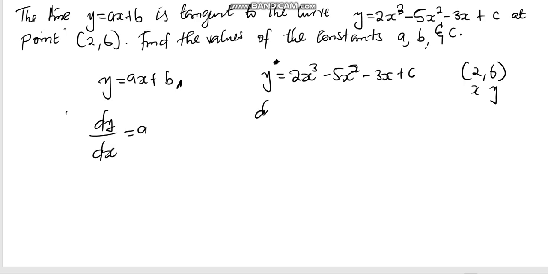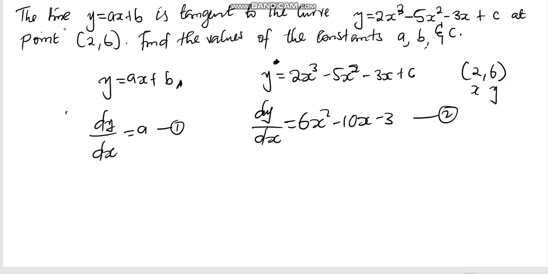Then on this side, we differentiate the given function. So dy/dx will be equal to power times coefficient, power minus 1, so that's 6x squared minus 10x minus 3. Let's say this is equation 1 and this is equation 2.